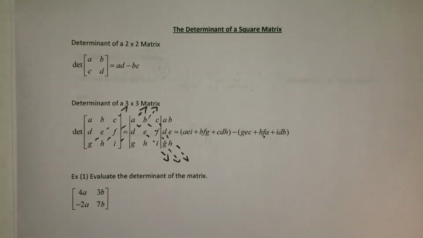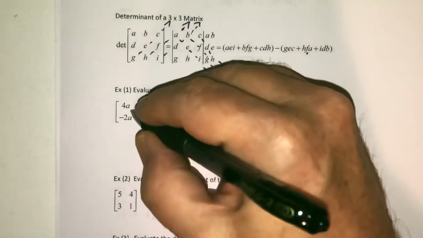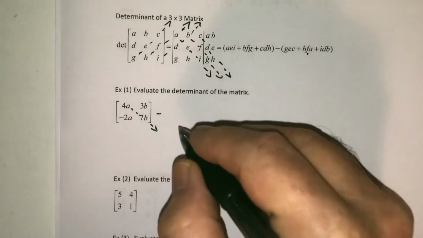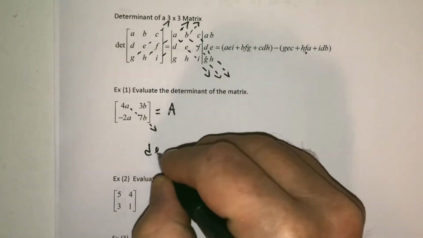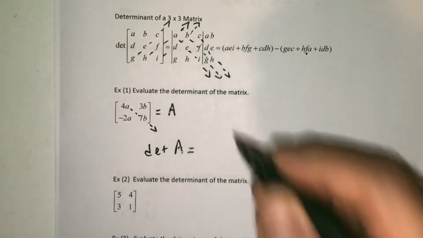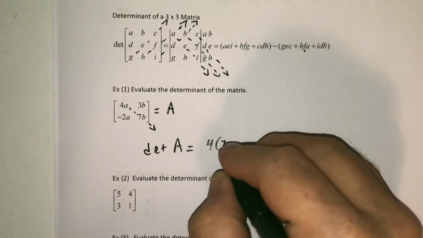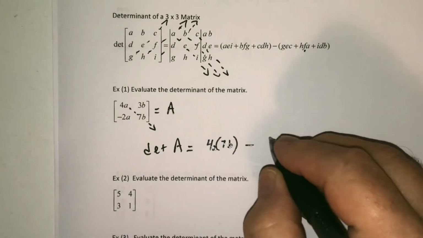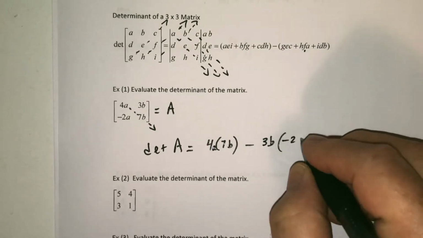All right, let's practice these a little bit. Example number 1 says, evaluate the determinant of the matrix. We're going to do that product coming down. Let's call this matrix A. The determinant of matrix A would be equal to 4A times 7B, minus 3B times negative 2A.